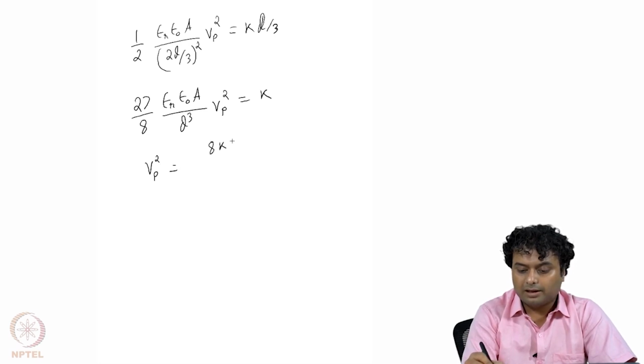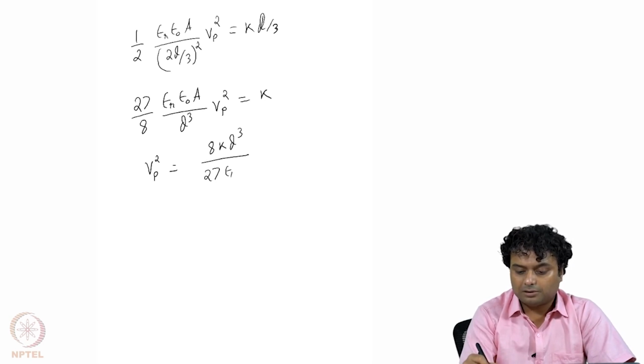So Vp square is equal to 8 K d cube divided by 27 epsilon r epsilon naught A. Okay.